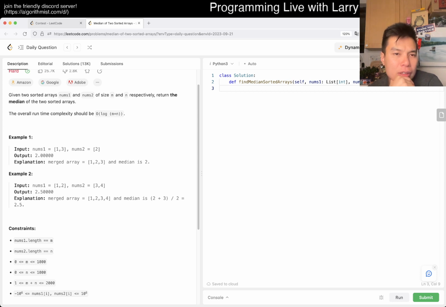My idea right now is figuring out, okay, you're starting from the median of both arrays, and then doing some math on that. But I think that works.